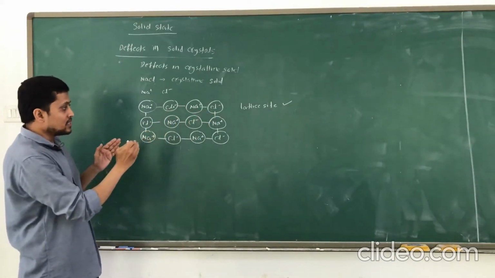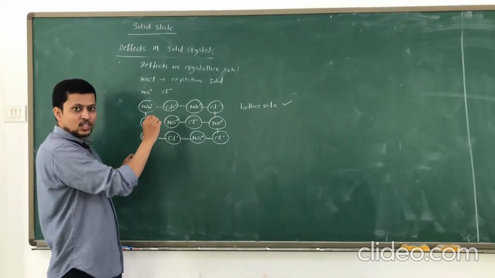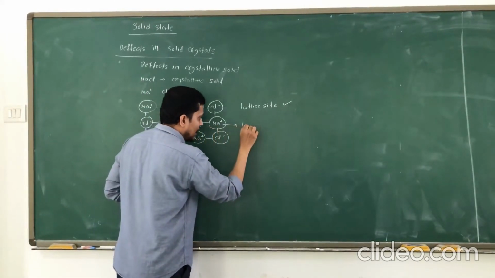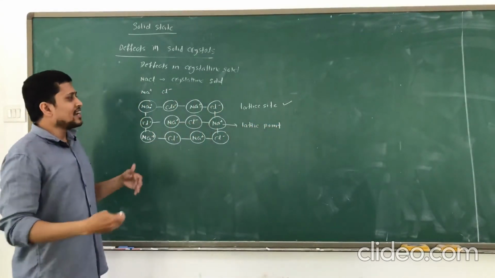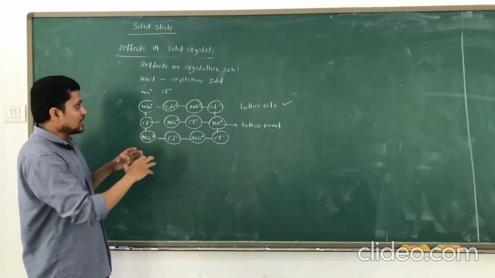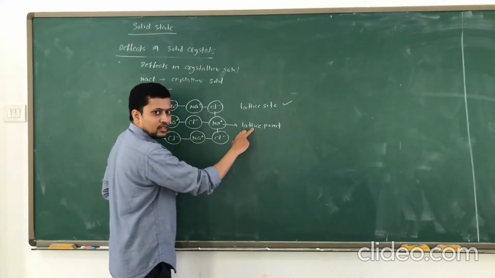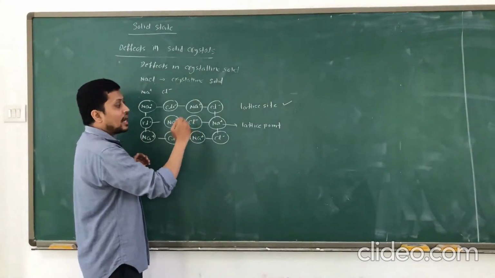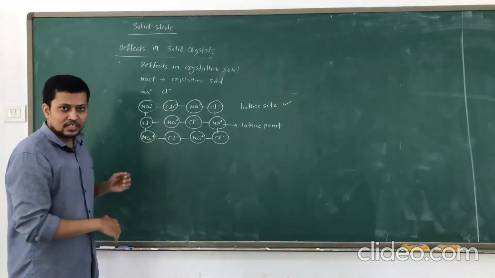The points in the lattice site where the constituent particles like Na plus and Cl minus are present are called lattice points. The total crystal structure is the three-dimensional arrangement of lattice points in space, called the lattice or crystalline solid structure.